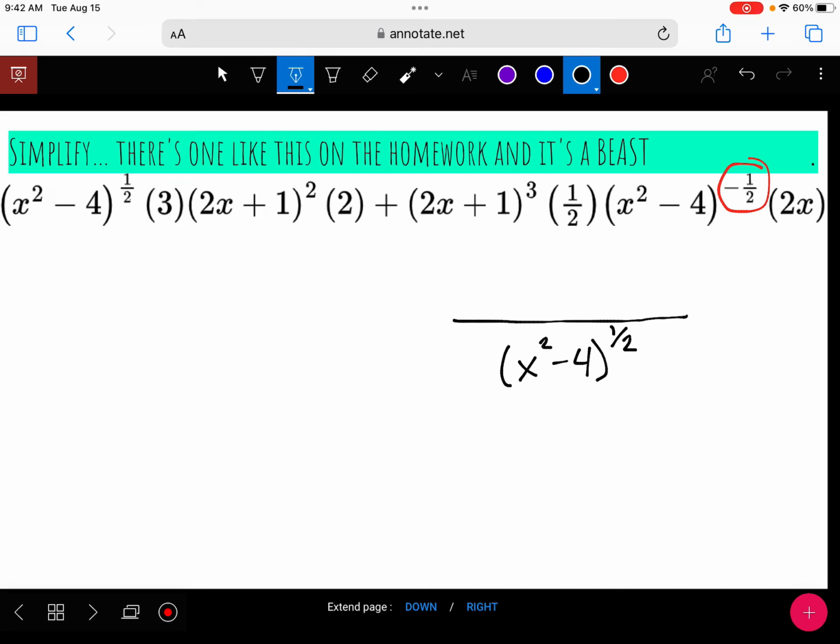The other pieces we have in the numerator: our 2x plus 1 cubed, and 1/2 times 2x. Just to make life simpler, 1/2 times 2 is 1, so I can lose those numbers. They're in the way. And we have our x, which you don't have to have in parentheses, but you can.